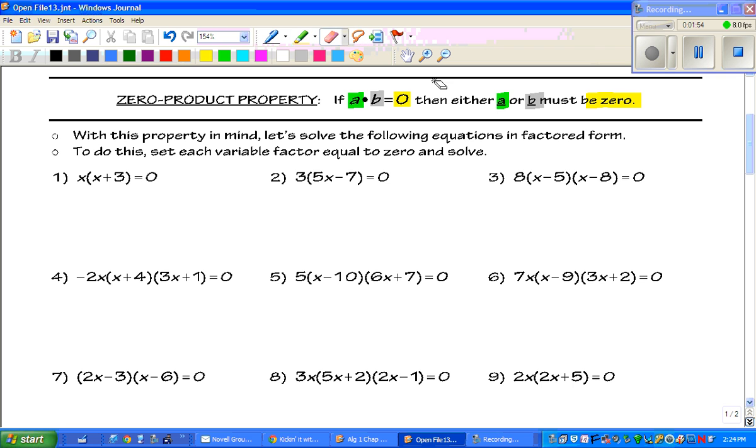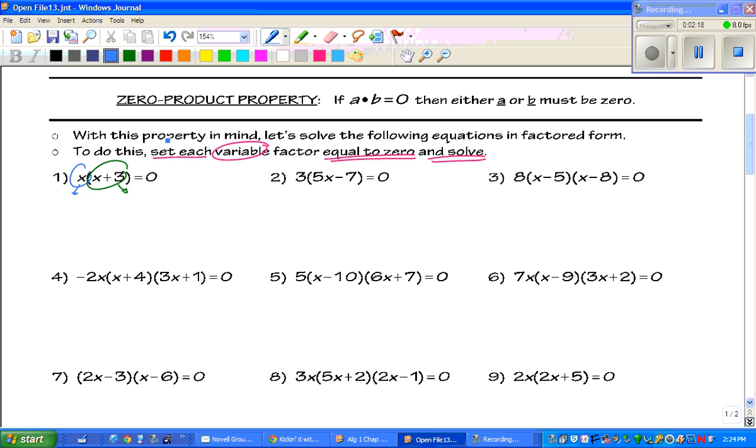Okay, so with this property in mind, let's solve the following equations that are in factored form. To do this, set each factor equal to 0 and solve. Okay, so we're looking to see how many factors we have.